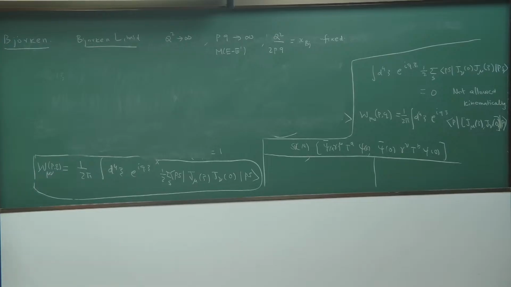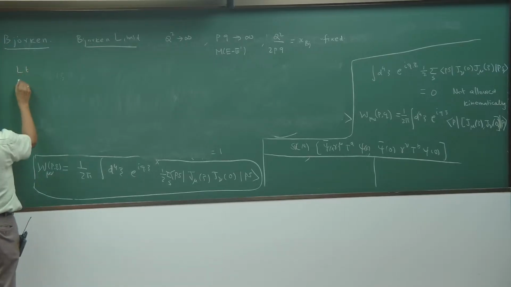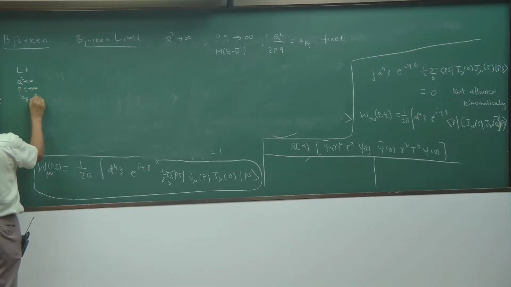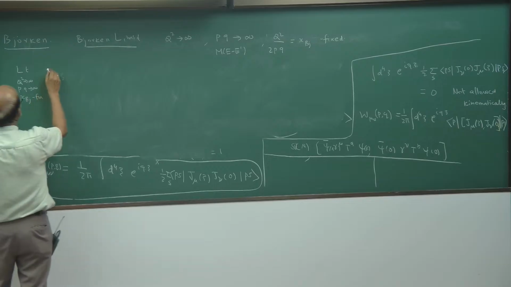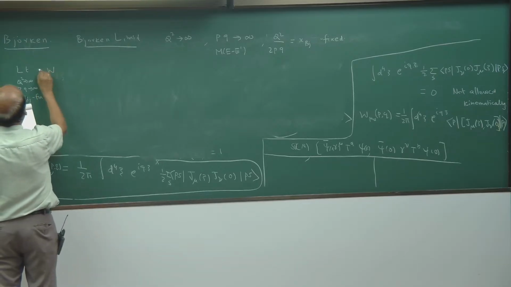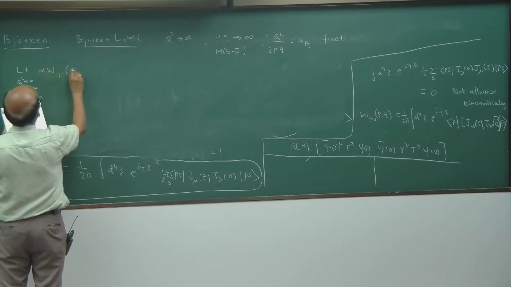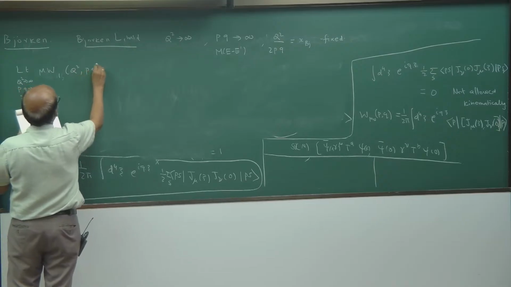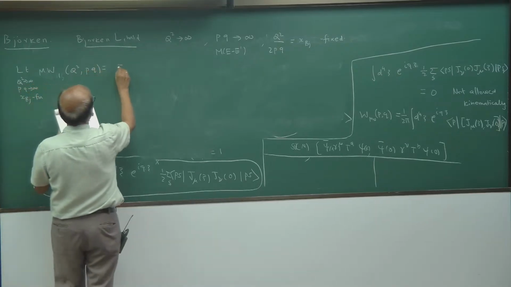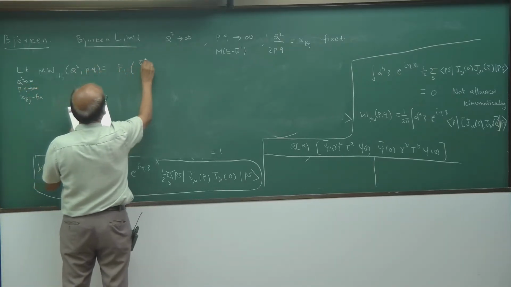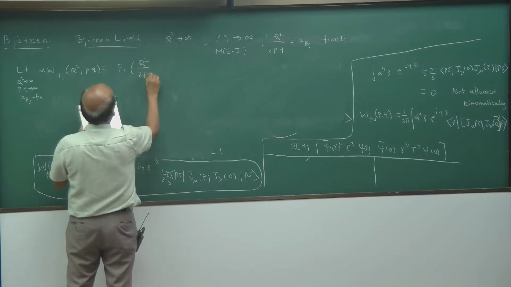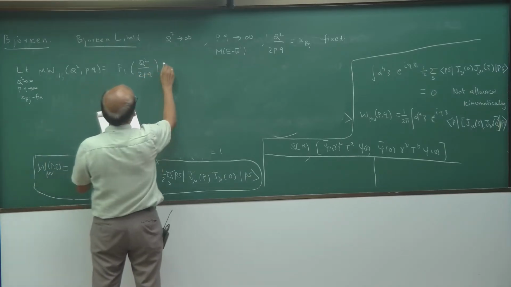One, if you take this limit, Q squared to infinity, P dot Q to infinity, with xbj finite, he found m times W1(Q squared, P dot Q) is simply another function which depended only on this.